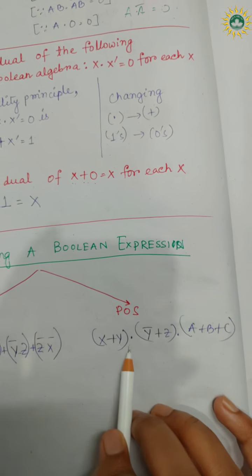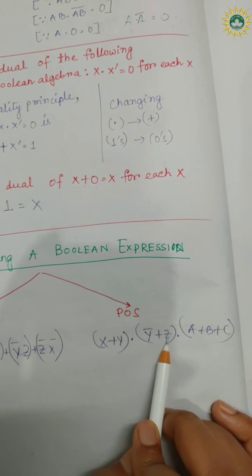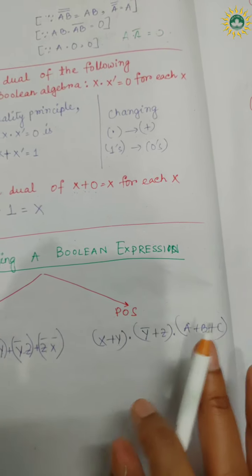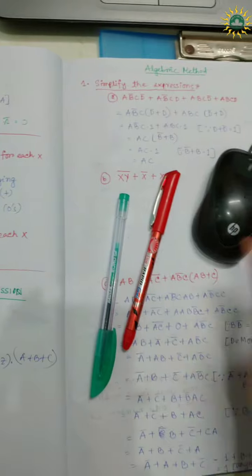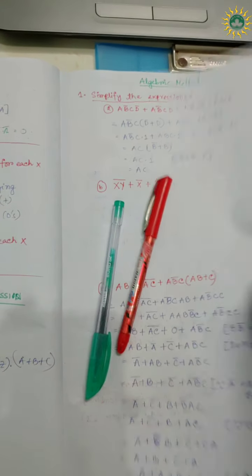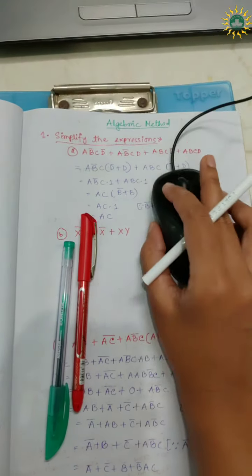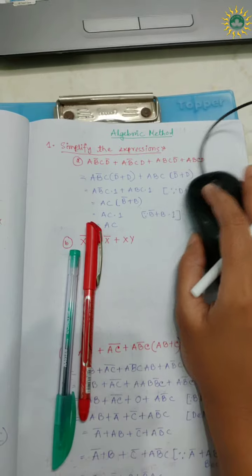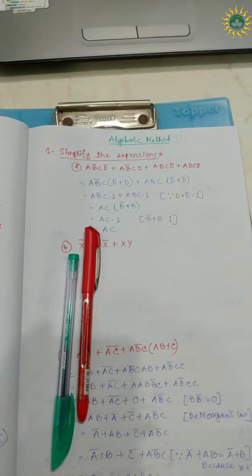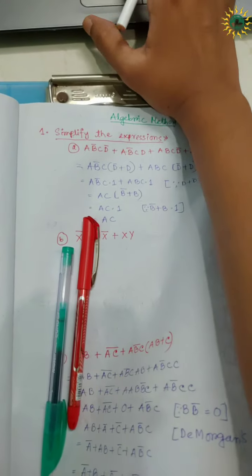X plus y dot y bar plus z dot A plus B plus C. Am I clear? Okay. Now comes all the algebraic methods where we are going to actually simplify the expression, right? One minute.